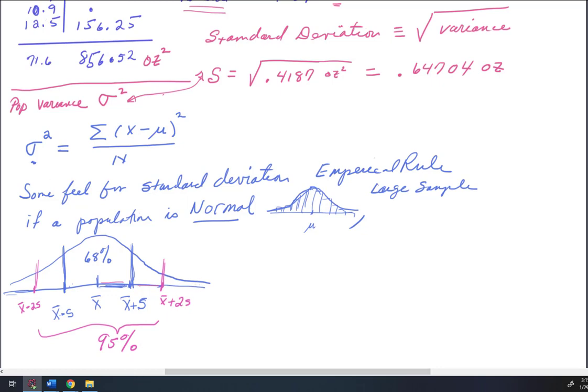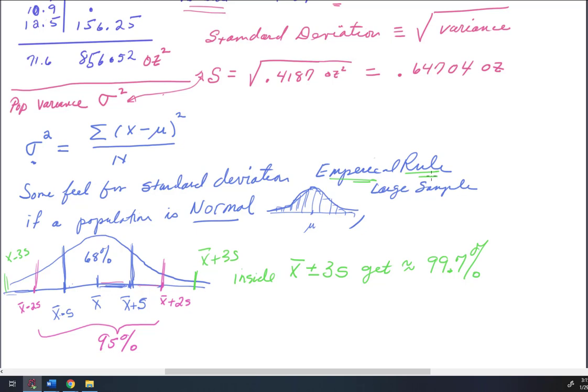And if you continue and come out to 3 standard deviations, X bar plus 3S, and come down to X bar minus 3S, inside X bar plus and minus 3S you get approximately 99.7% of your data.